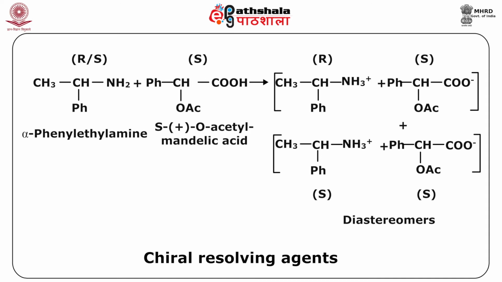Now the methyl group has become diastereomeric and the chemical shift of the methyl protons in both the diastereomers will be different. Here in this particular case, students, two doublets, each for one diastereomer, will be observed in the NMR spectrum due to the methyl protons. The integration of the two doublets can determine the percentage of the R and S isomer in the particular mixture.